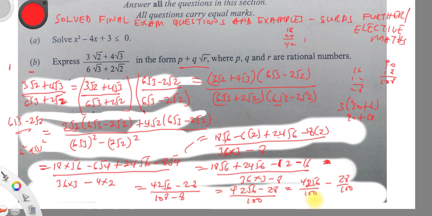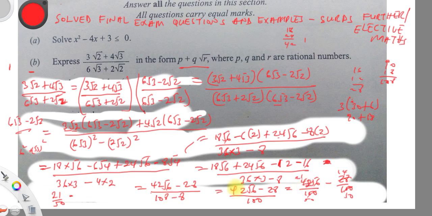So let me divide for you to see. 2 goes into 42 21 times, 2 goes into 100 50 times, and 2 goes into 28 14 times. So I get 21 over 50.